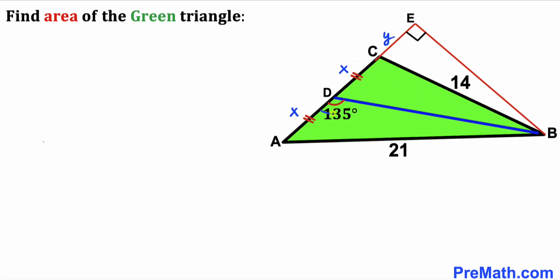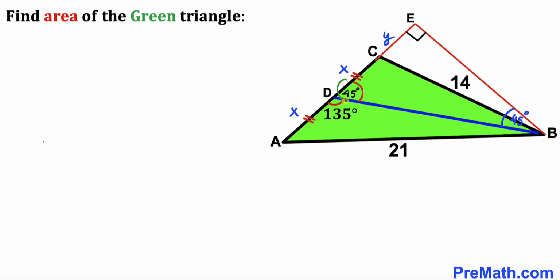Now let's make an observation. This whole straight angle is 180 degrees, and this angle is 135. Therefore, angle BDC is going to be 45 degrees. Now let's focus on this big triangle BED. We know this angle is 45 degrees and this angle is 90 degrees, so angle EBD is going to be 45 degrees as well.